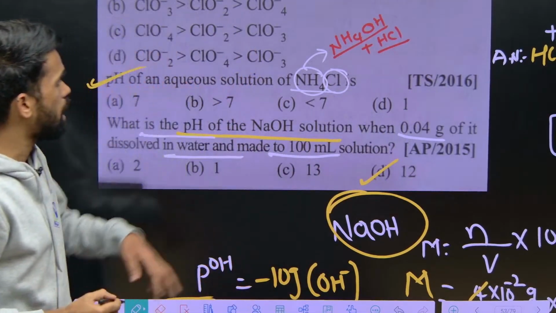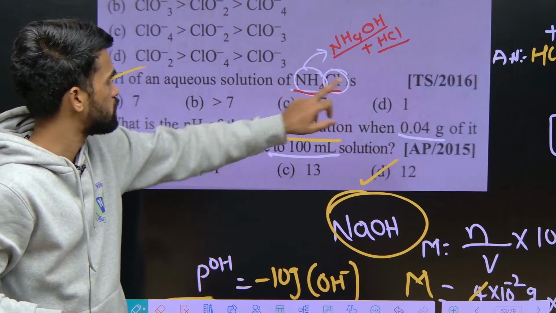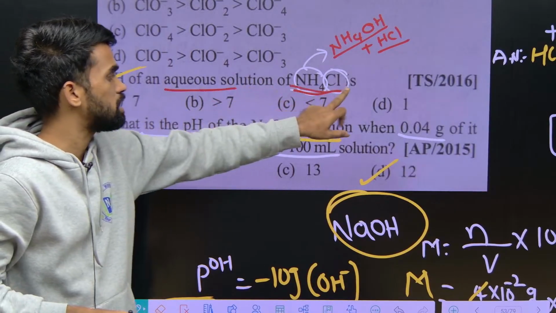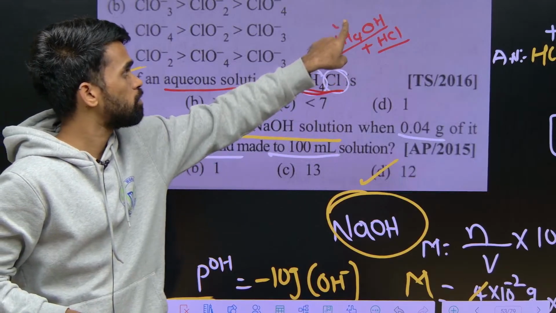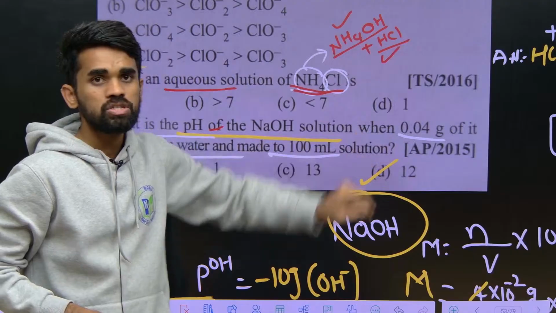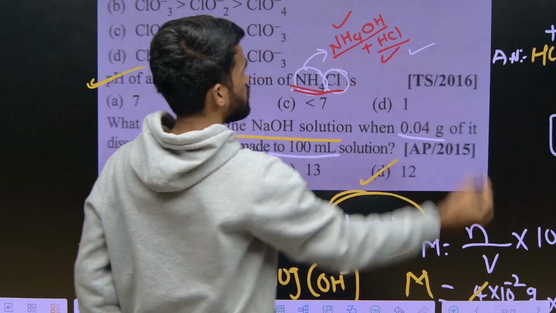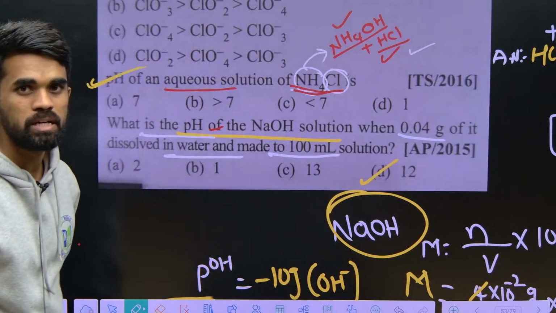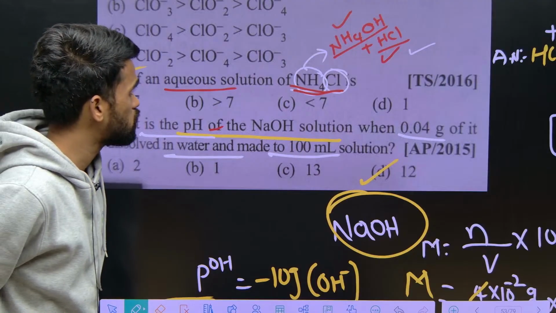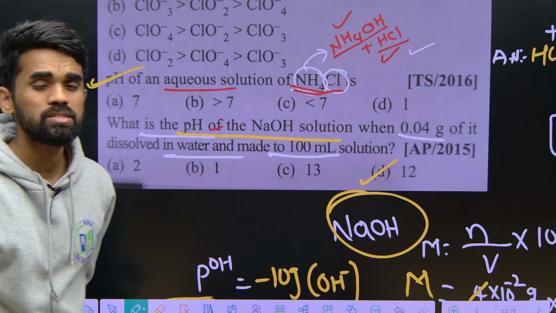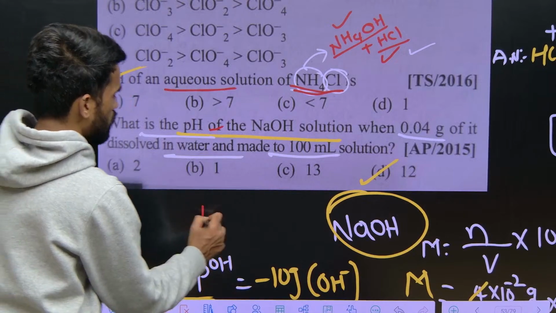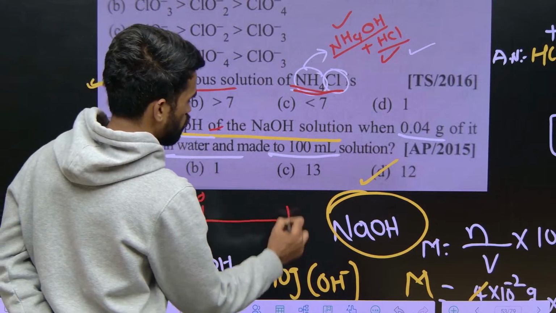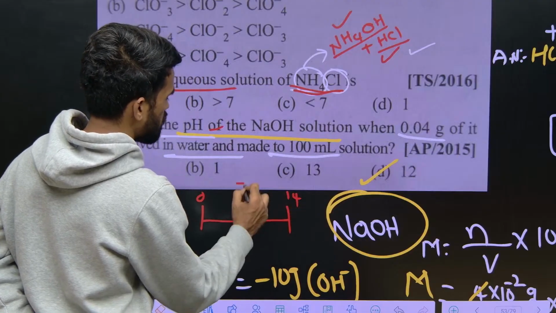So upon hydrolysis, the aqueous solution of this salt will contain ammonium hydroxide plus HCl. HCl is a stronger acid, therefore H plus ions will dominate in the solution. If H plus ions are dominating, then the solution pH will become less than 7, because on the pH scale we have from 0 to 14 and the midpoint is 7, which is neutral.